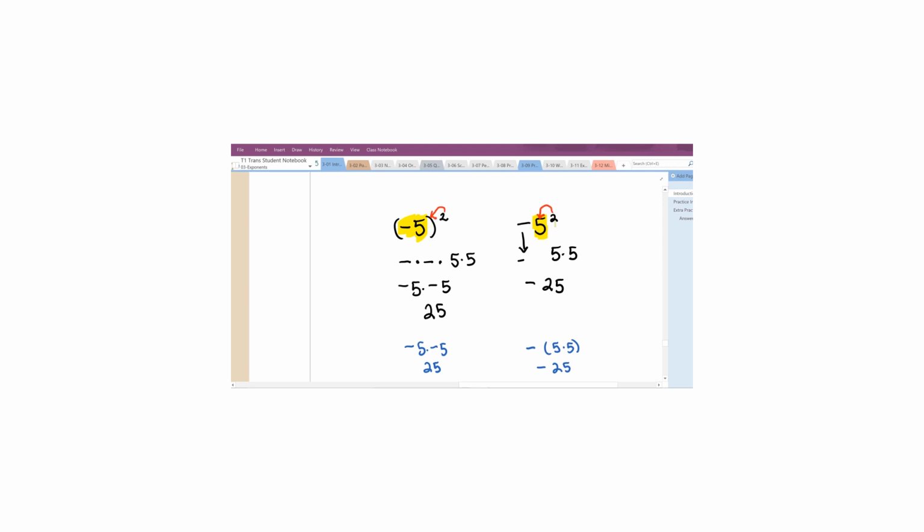Without the parentheses, the exponent 2 is being applied only to the 5, not to the negative. So in this first example, we actually square the negative and the 5, and that's why we end up with -5 times -5 equaling 25. In the other example, we only square the 5, and we just bring the negative down, so we end up with negative 25.